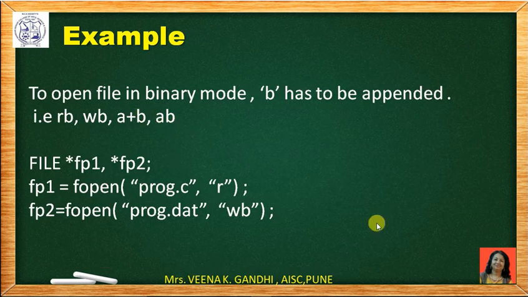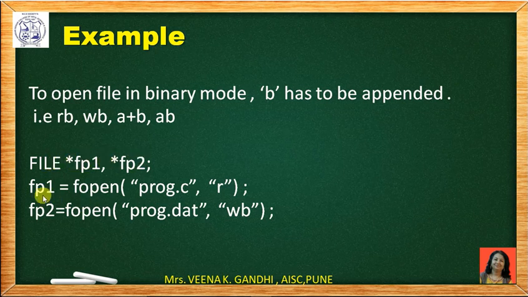Let's see an example. To open the file in binary mode, b has to be appended. This rb, wb means read in binary mode, write in binary mode, like that. a plus b, ab. First, we declare the file pointers: FILE asterisk fp1, asterisk fp2.